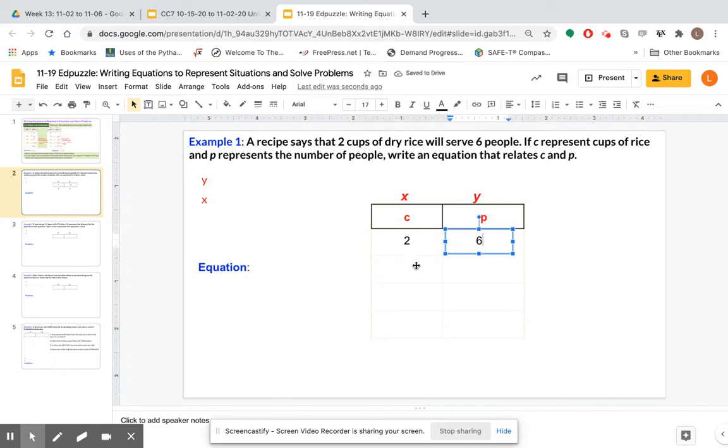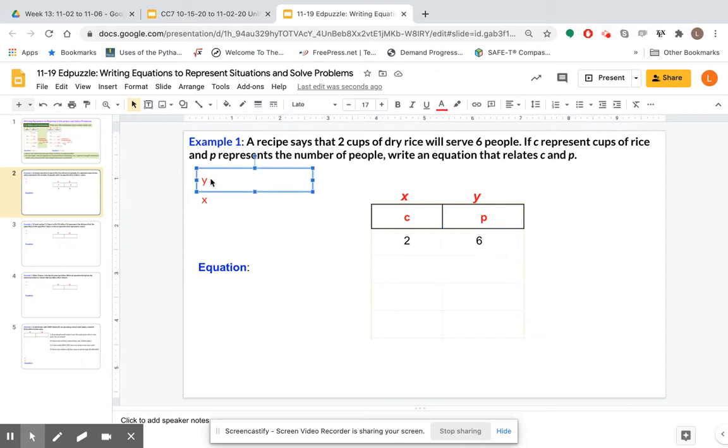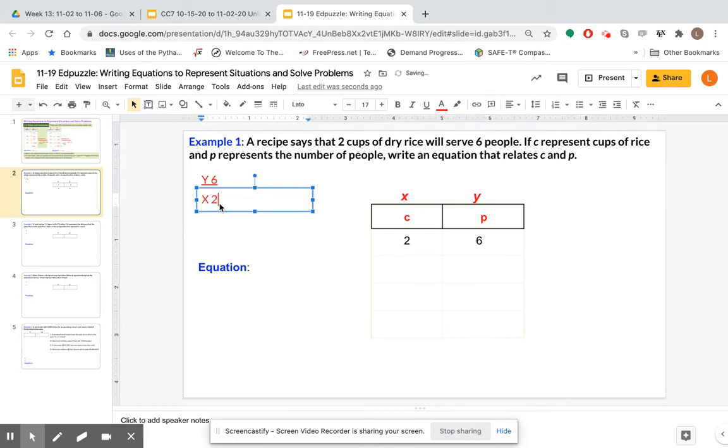Now, in order to fill out the rest of the table, what I'm going to need to do is take my y number and make a ratio out of that. I'm sorry, a rate out of that. We're going to find the unit rate to fill out the rest of the table.